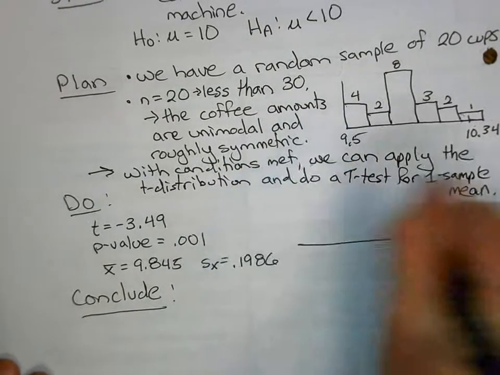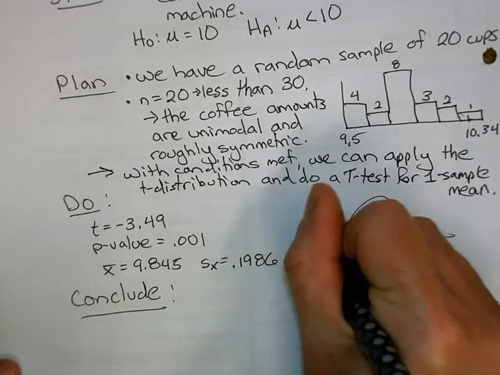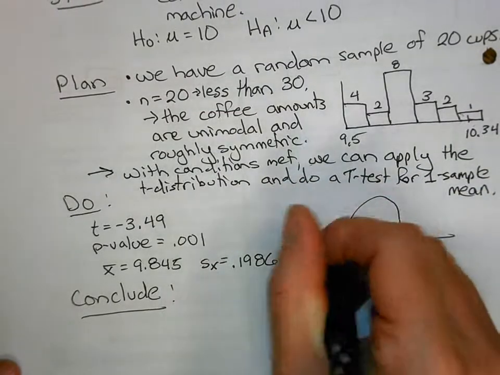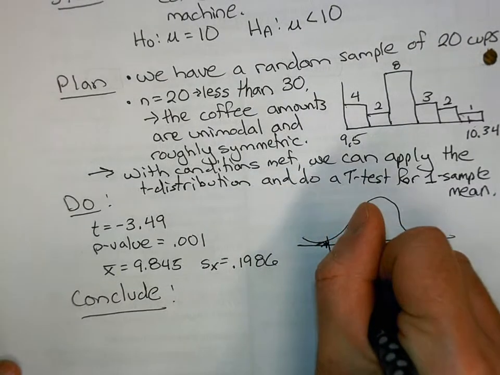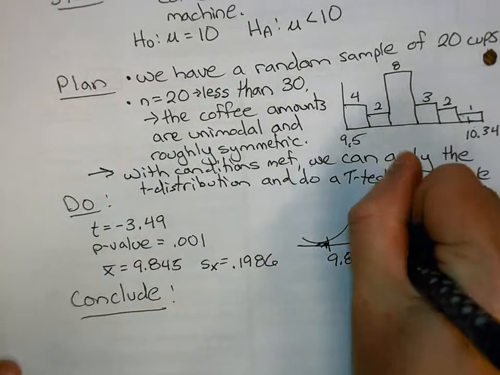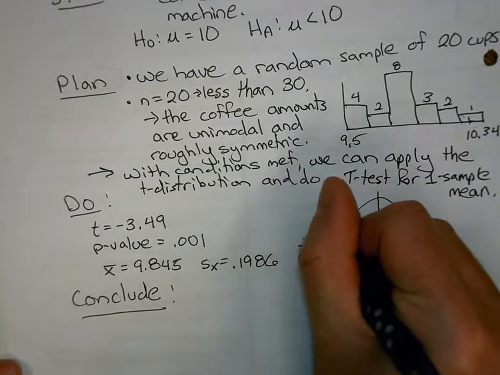So draw your picture because the calculator can do it for you. Little tiny spot over here. X bar is 9.845. So technically, really, that's supposed to have 10 ounces in it, and you're getting 9.845 ounces on average. Really, isn't that close enough to 10? Well, according to our test, no, it's not.